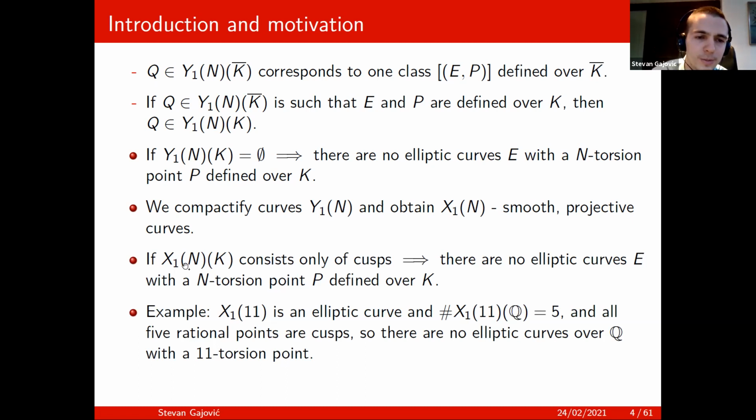So yes, maybe I should have written that X1(n) is Y1(n) plus some cusps that are obtained by this compactification.